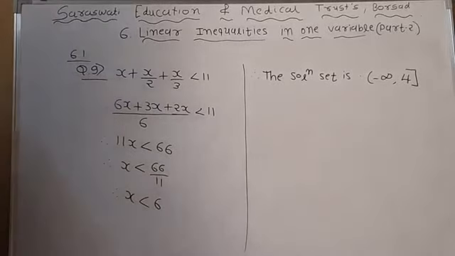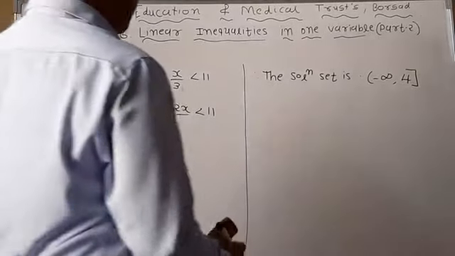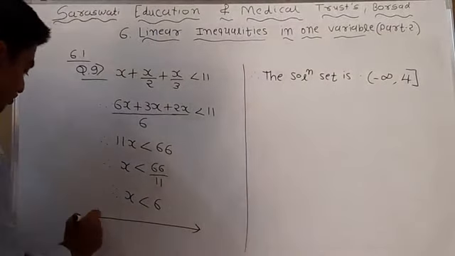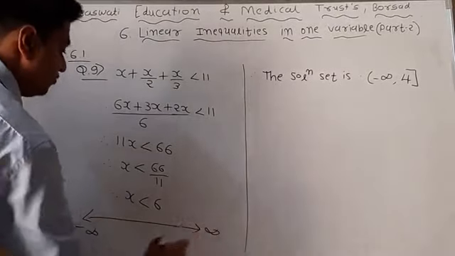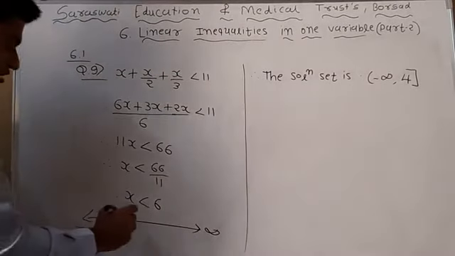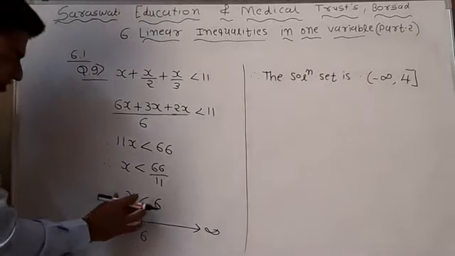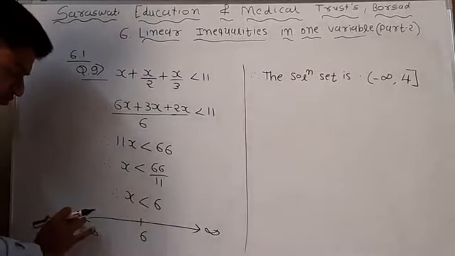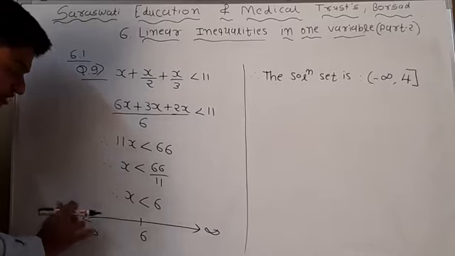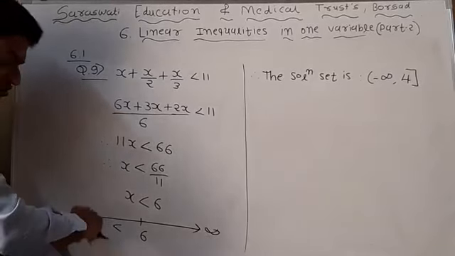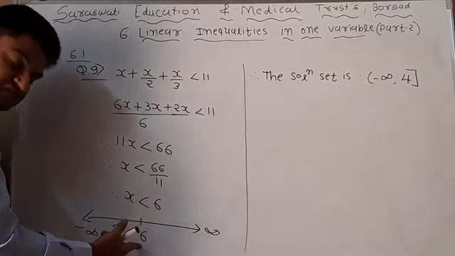Now the solution set, okay, understand it on the number line. The minus infinity to infinity form is present. Now the position of 6 is present here. Now the arrow is the less than form, that means going to the left side, so the first position is minus infinity, the second position is 6.